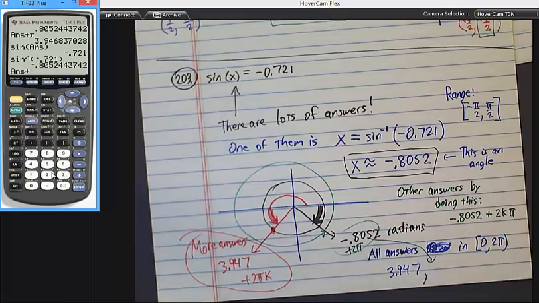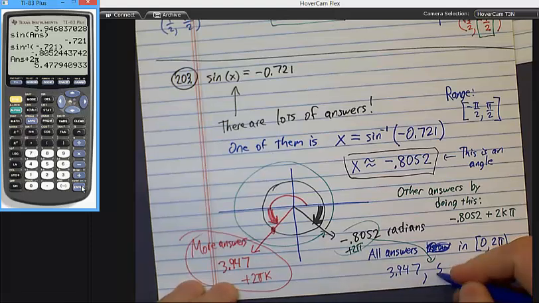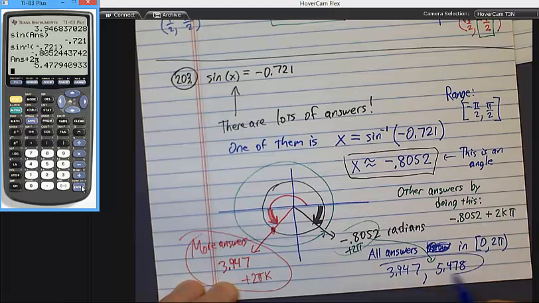So let me add 2 pi. And I guess the other one I want is 5.477. No, 5.478 if we round correctly. Okay, there's all the answers between 0 and 2 pi. Very nice.